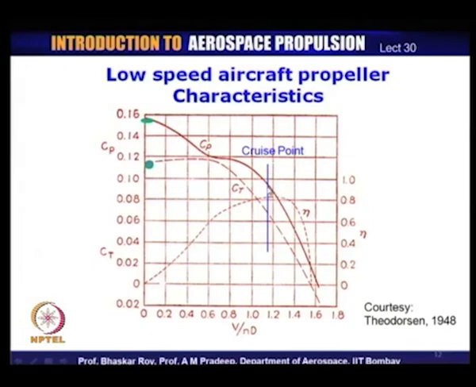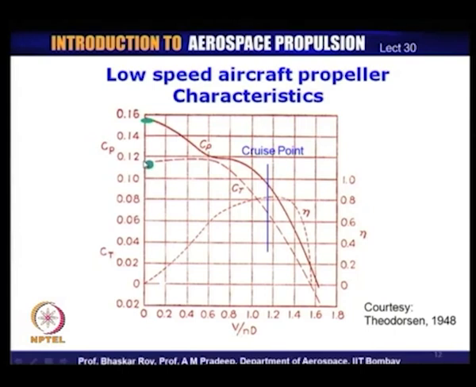You would probably be using less than the maximum power, and you would probably be using less than the maximum thrust coefficient, and still creating sufficient thrust to fly the aircraft. On the other hand, when you are taking off, you would be somewhere near 0 of advance ratio, and you would be using near about maximum power to create near about maximum thrust.